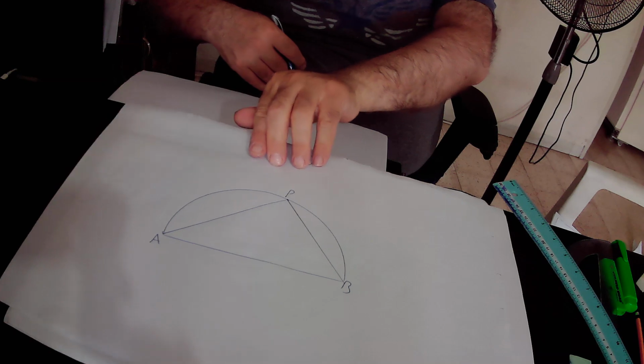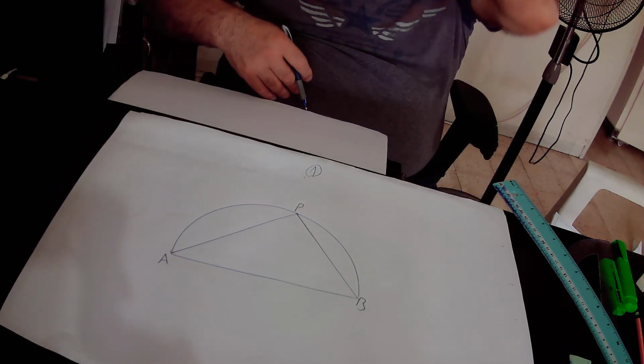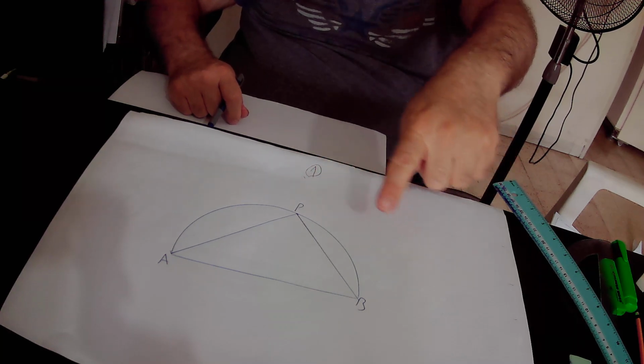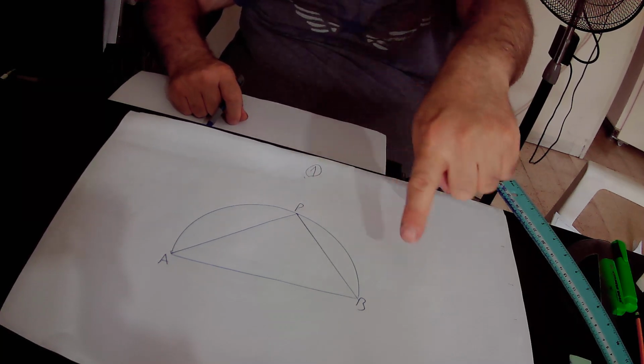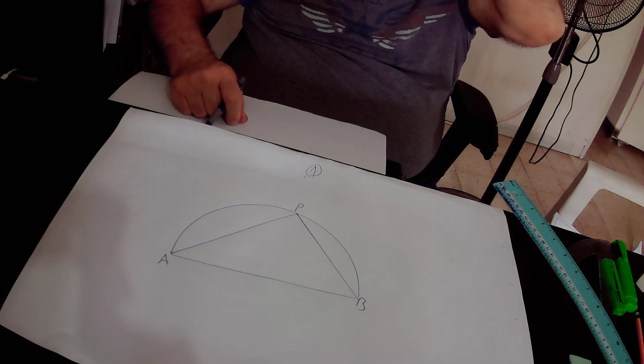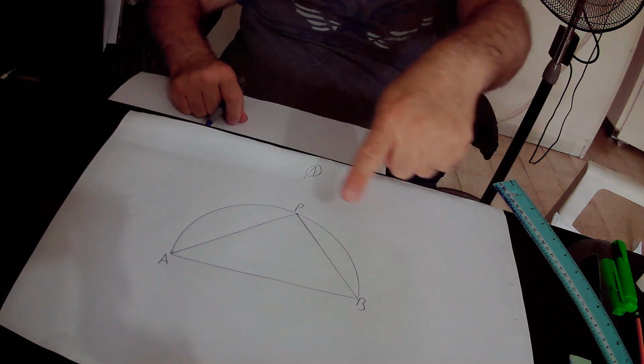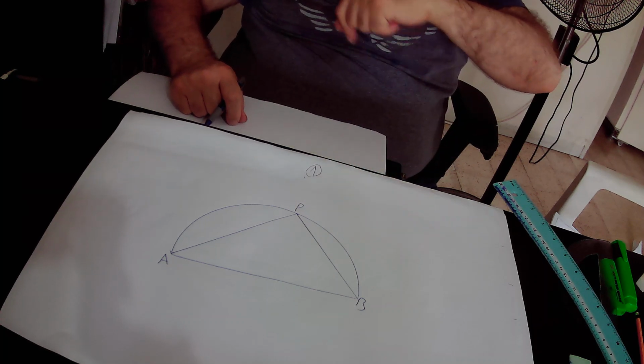Actually, this is the white semicircle that I copied from the original drawing. By joining points P and B together by a straight line, we created peripheral angle APB. And we know that AB is the diameter of this semicircle. So I'll write it down.